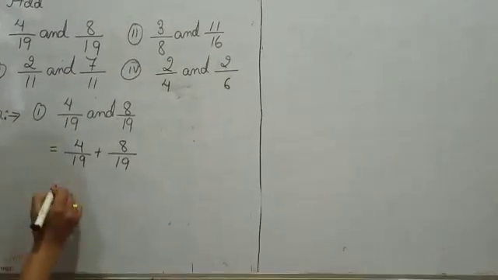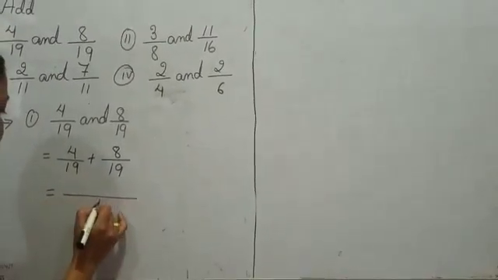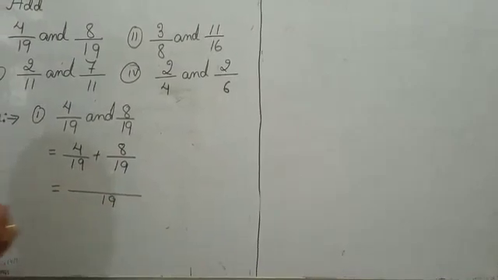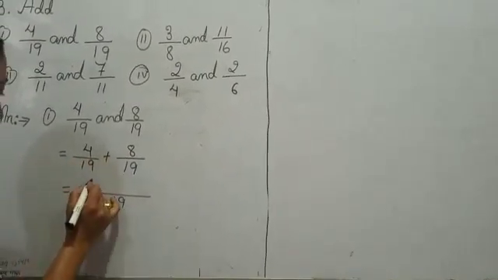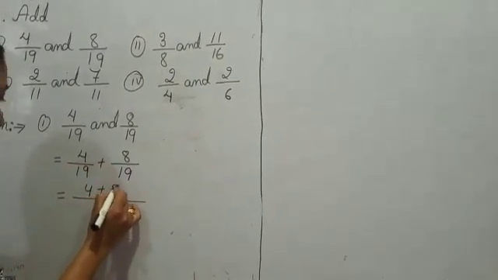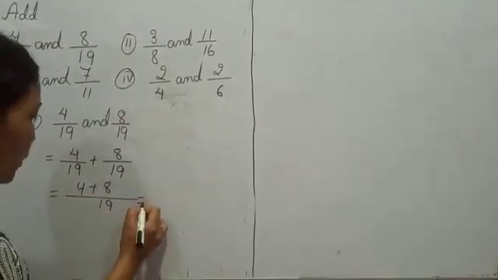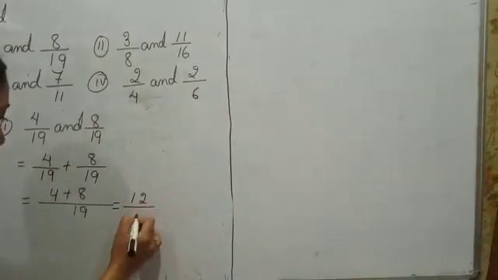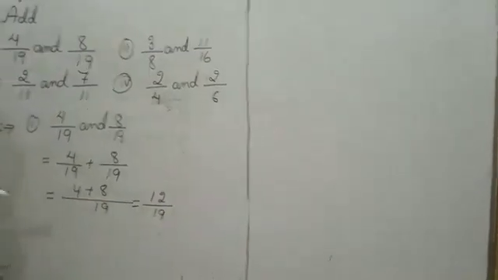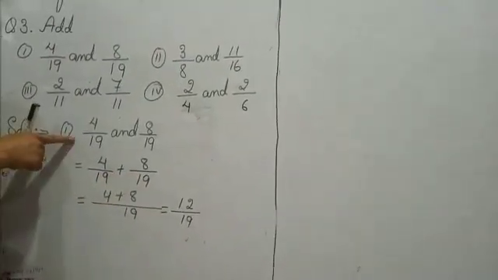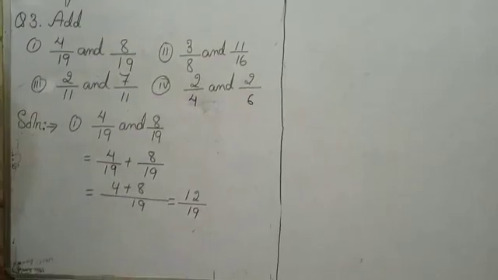So we can take a common denominator, that is 19, then add the corresponding numerators, 4 and 8. 4 plus 8 is 12, so we get 12 by 19 as the addition of 4 by 19 and 8 by 19.